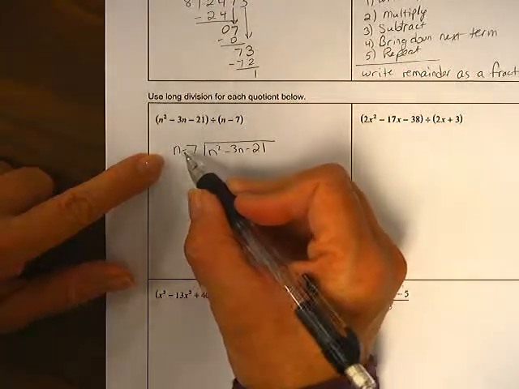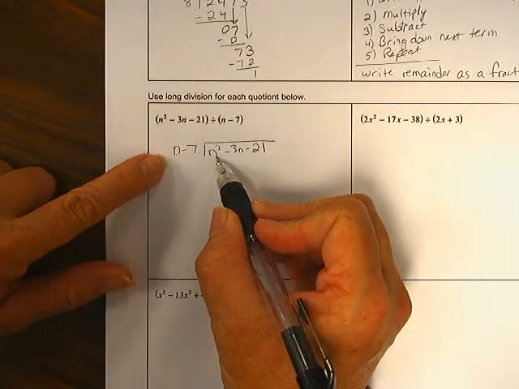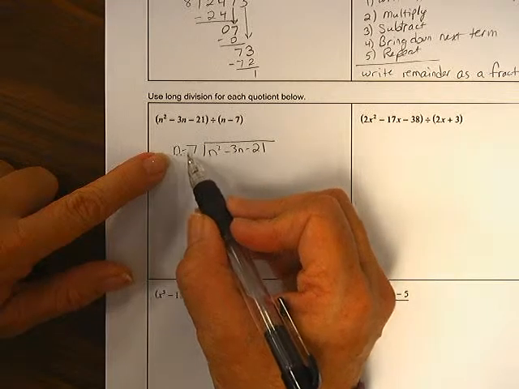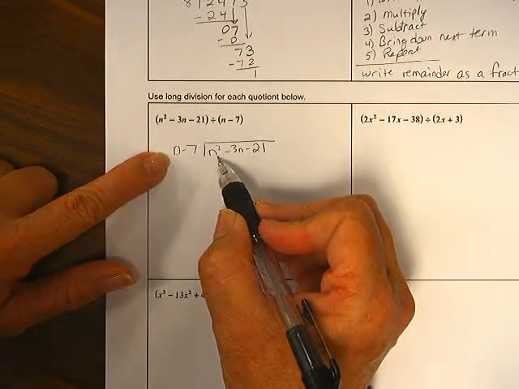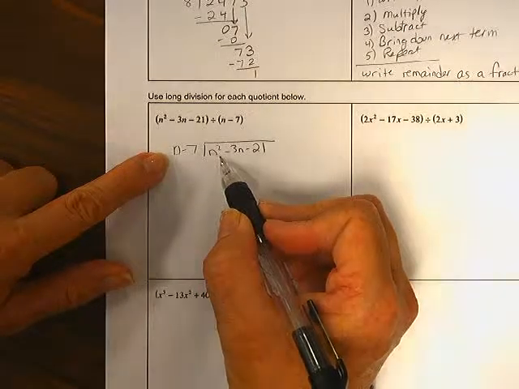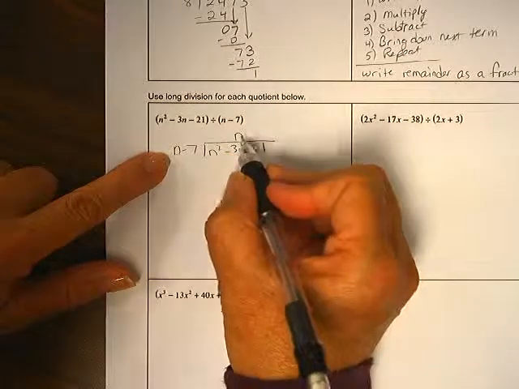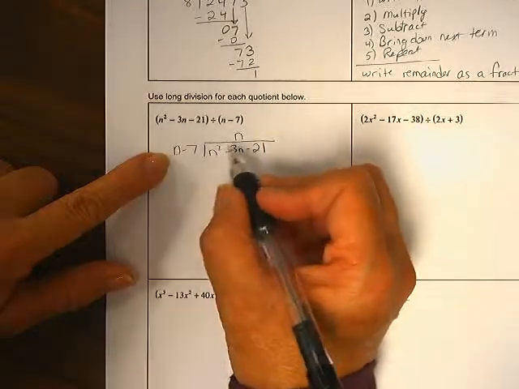And when we're dividing by polynomials, we always look at the first term and the first term here. So what do we have to multiply n by to go into n squared? We always want it to go in exactly evenly, which we can do with polynomials. So n goes into n squared n times, right? N times n is n squared.